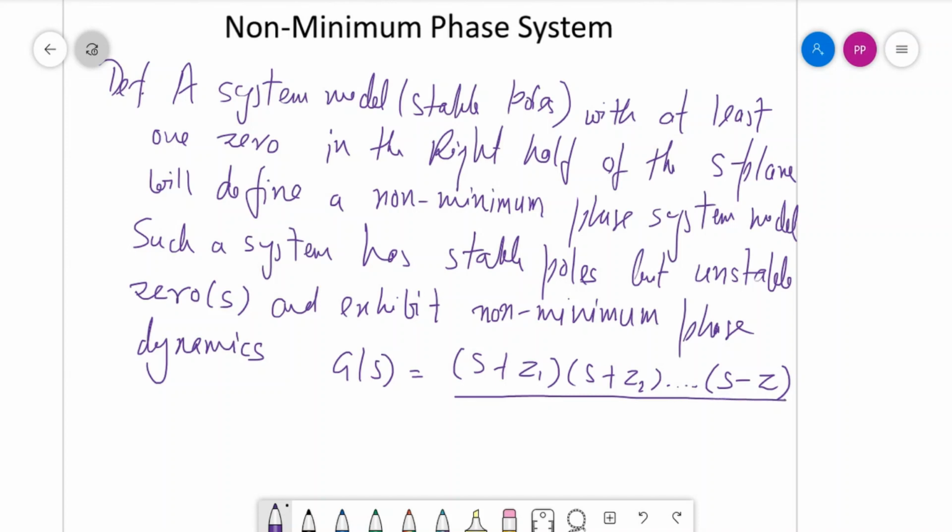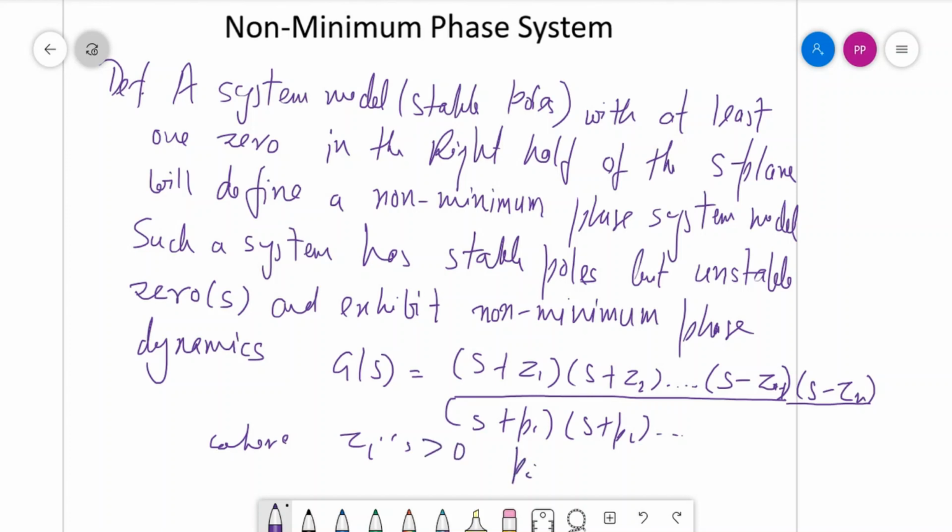So we can say this is (s minus z(n-1))(s minus zn), like that, divided by (s plus p1)(s plus p2), like that, where zi is greater than 0 and pi's are greater than 0. Because of these zeros, this is a system with RHP zero dynamics.